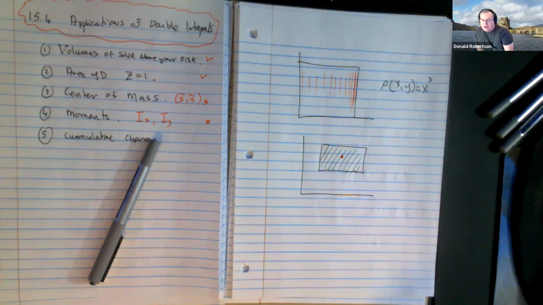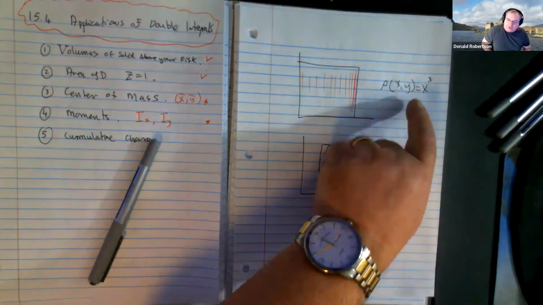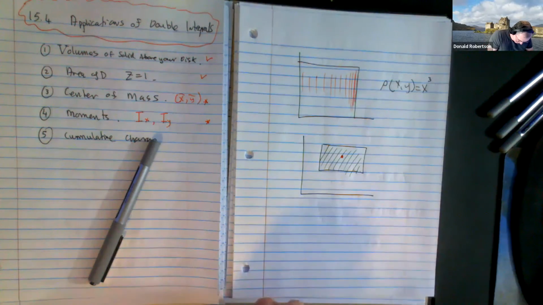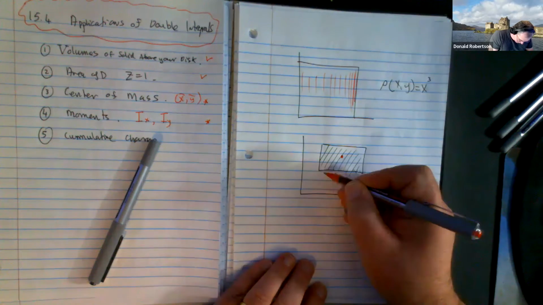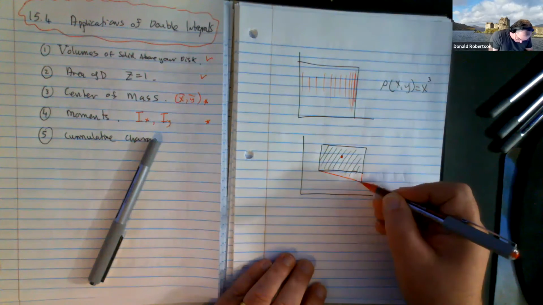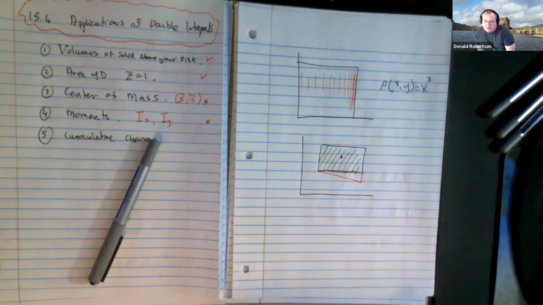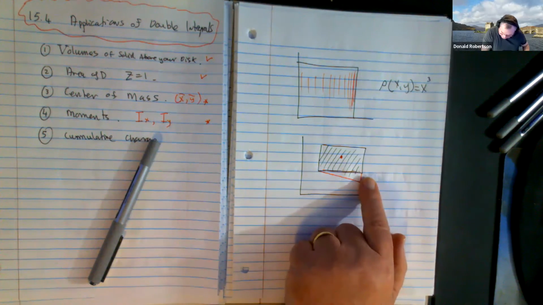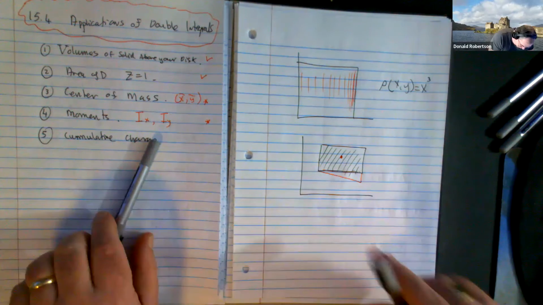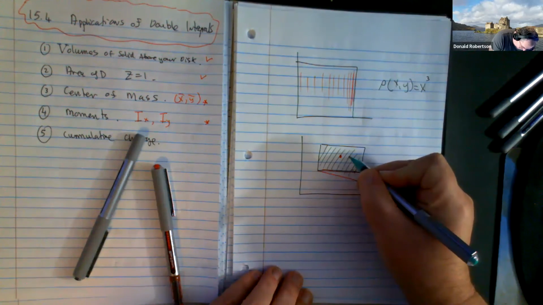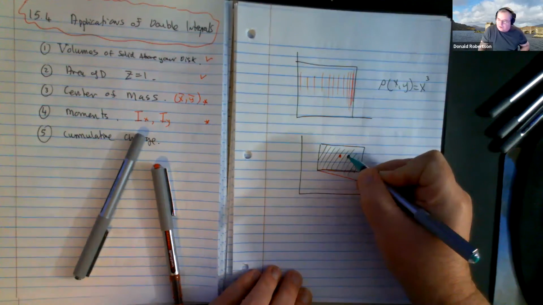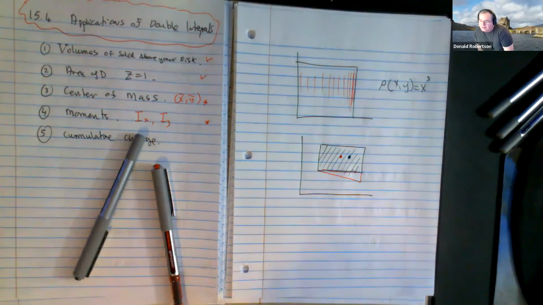Right. Now, if you put a density function on it like this kind, couldn't you have an object where it's much thicker at this side and less thick at that side? So imagine that. If you were doing an object like that, because there's more weight on the right-hand side than the left-hand side, it wouldn't be surprising, would it, that the center of mass would move more to the right.